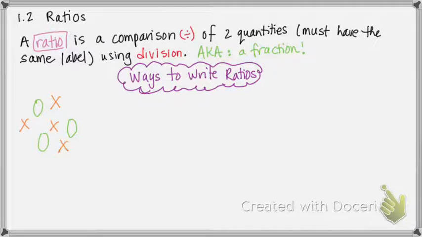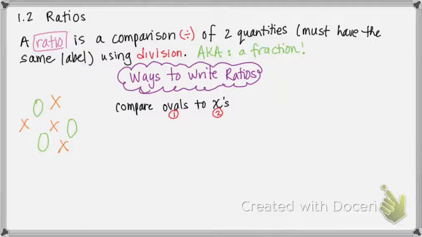Okay, and we're usually going to be given a task. So for example, we want to compare ovals to X's. Okay, so I look at my ovals and I want you to pay attention to the order they're written, which is the order they take in the ratio.